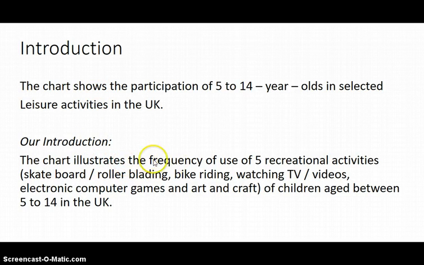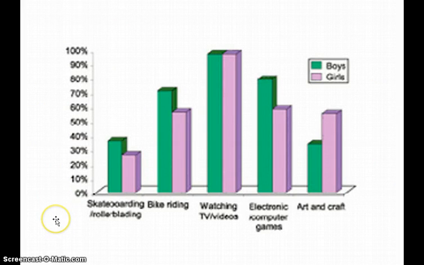Now what I've done in the rest of it is I have used the information from the graph and information from the question to write my introduction. If you remember, looking at the graph again, we saw that we have percentage, and we said this means how often or how regularly children take part in these activities.